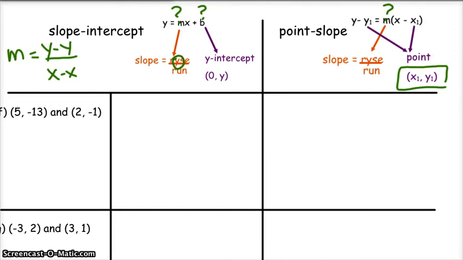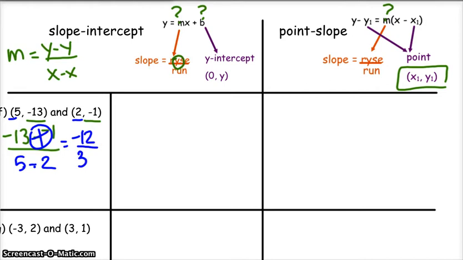The order of subtraction doesn't matter as long as whatever you subtract on top, you subtract on bottom as well. So I'm going to take my y values, -13 minus -1, and then I'm going to take my x values, 5 minus 2. That double negative is a plus, which gives me -12. 5 minus 2 is 3, so my slope is -4.